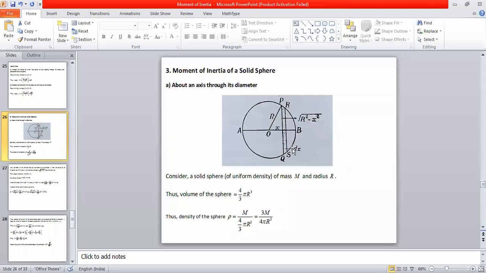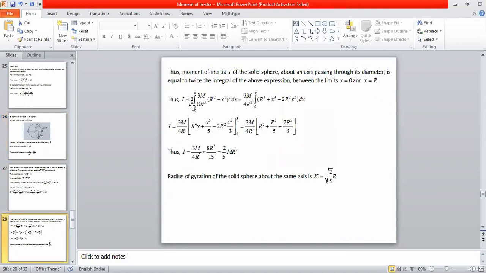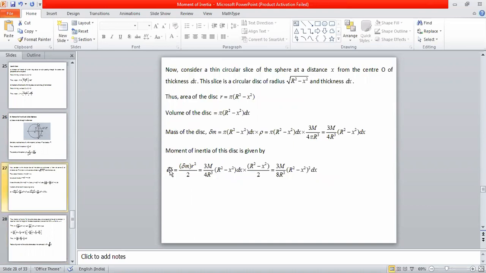But your full sphere is not half, it is twice that. That's why, in order to calculate the entire moment of inertia, I am taking the factor 2. This 2 factor comes because we are integrating over 2 hemispheres. So there is a 2 times the integral from 0 to R of the previous expression. Whatever expression we got for delta I, we have to substitute there.